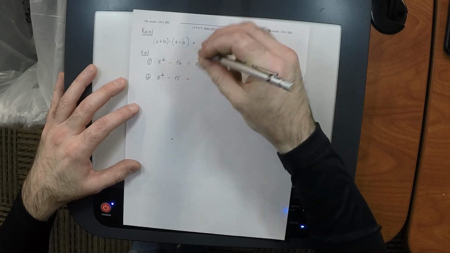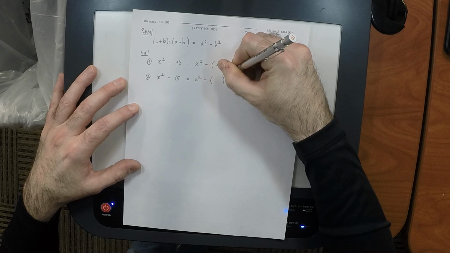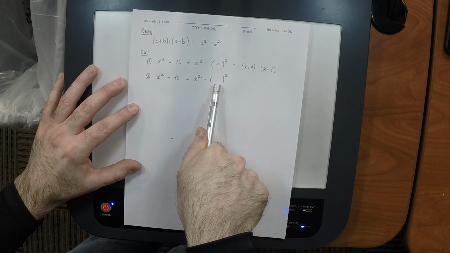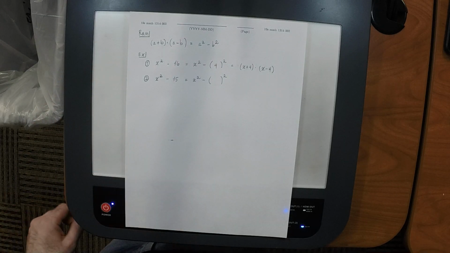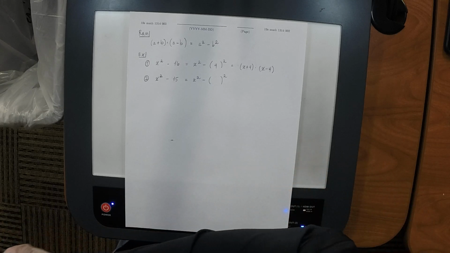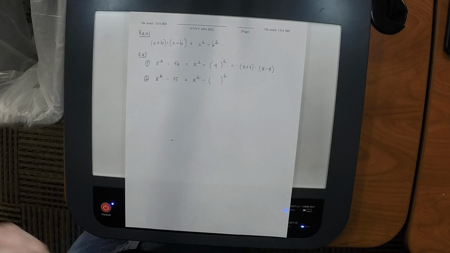So if I write x squared minus blah, and I ask, what can I write in there to make this right? The square root of 15. That's what gets put in there. What's the name for the number that when you square it, you get 15? Square root of 15. What's the name of the number that when you square it, you get 16? Square root of 16. 4 is another name for that number. That number just happens to have two names, right?